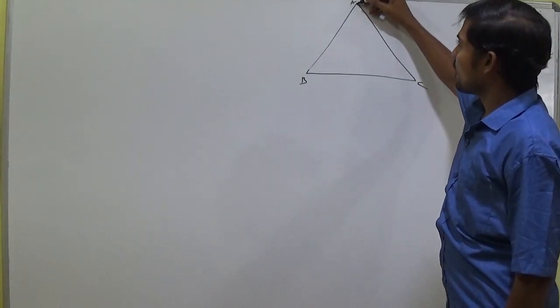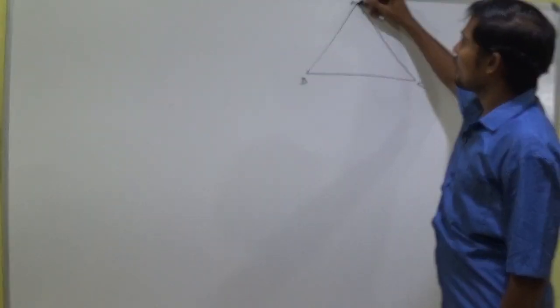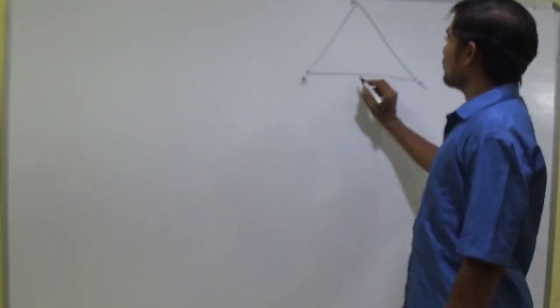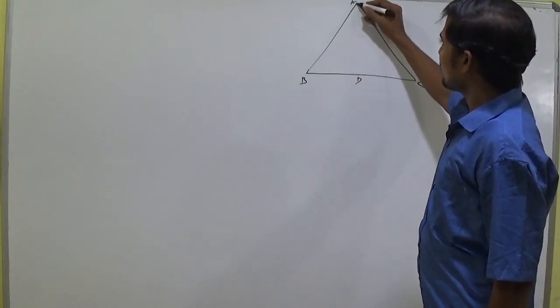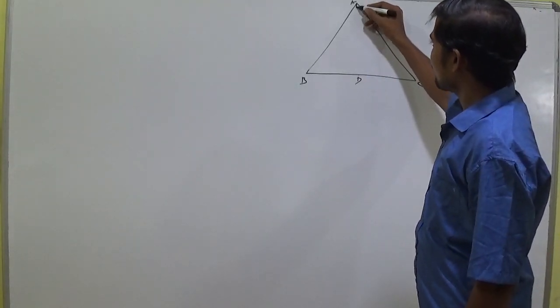Suppose I am going to draw a median from A, then I have to join it with the midpoint of BC. Suppose the midpoint of BC is D. Then AD is a median.